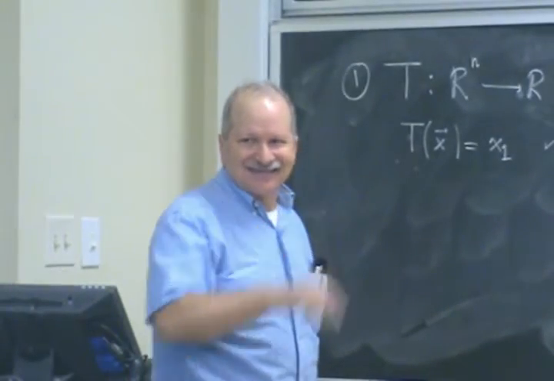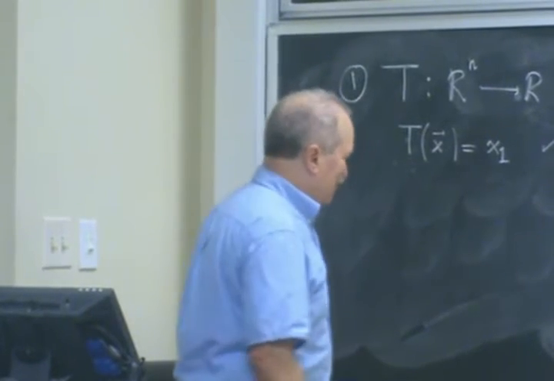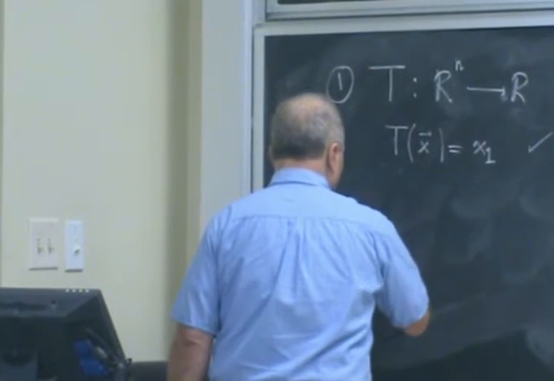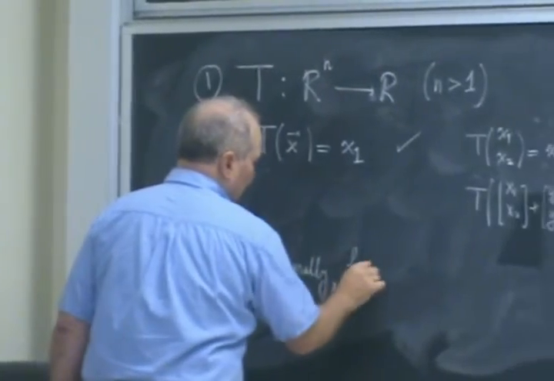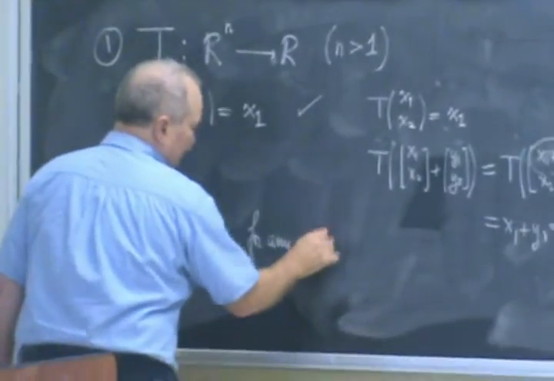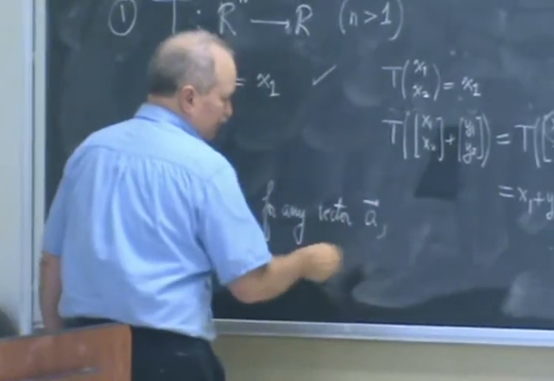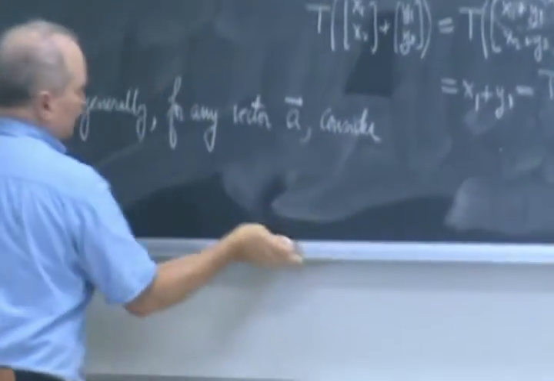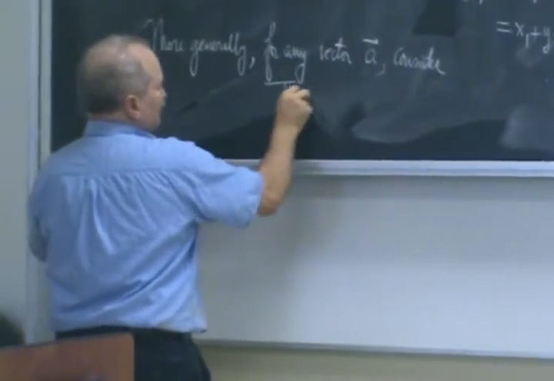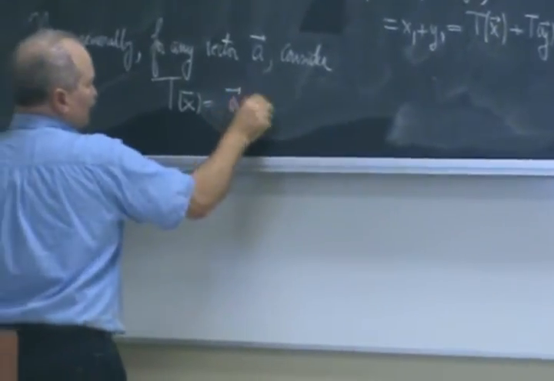You can dot x with another vector, which is basically what you're doing there. But more generally, for any vector A, consider the dot product of A with x.